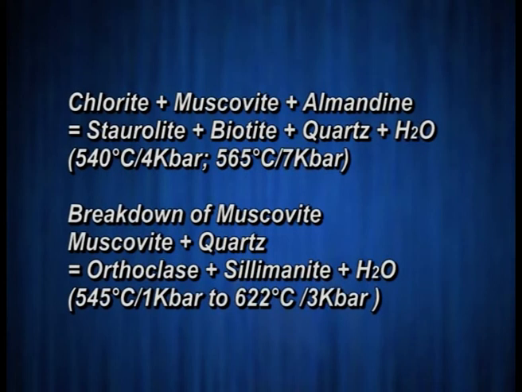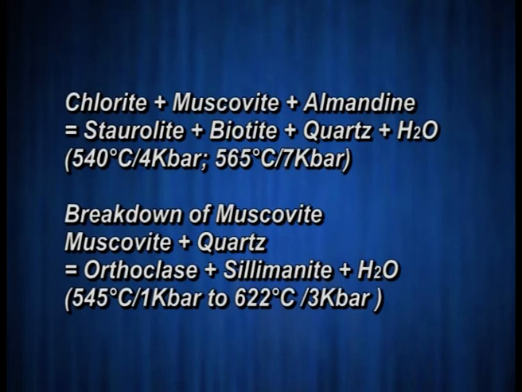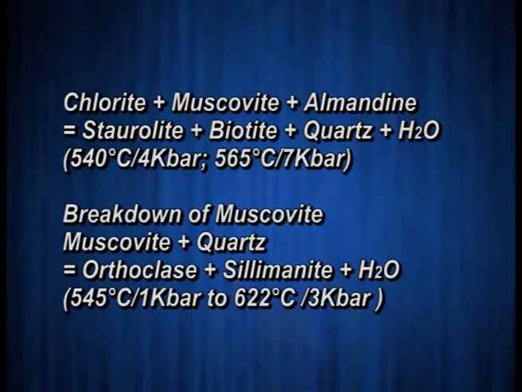and the breakdown of muscovite in the presence of quartz giving rise to orthoclase plus sillimanite plus water, which occurs at 540 degrees centigrade, 1 kilobar to 620 degrees centigrade, 3 kilobar, carried out by Rover in 1974, indicates the upper stability of this facies.